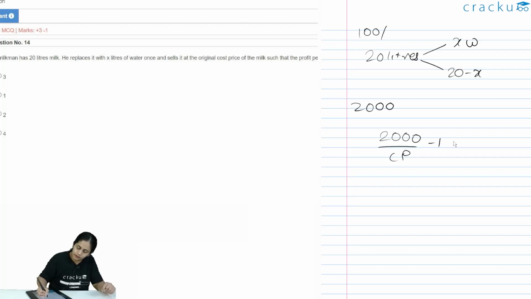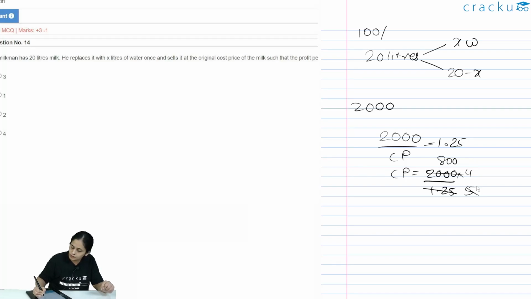Cost price into 1.25, so cost price is equal to 2000 by 1.25. This is equal to 4 into 5.